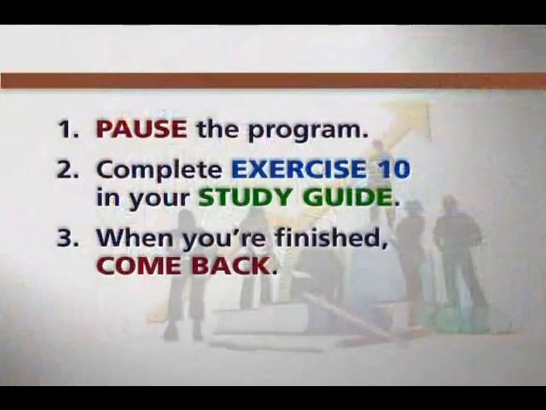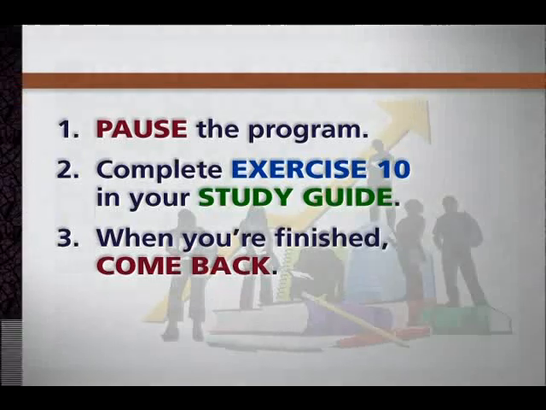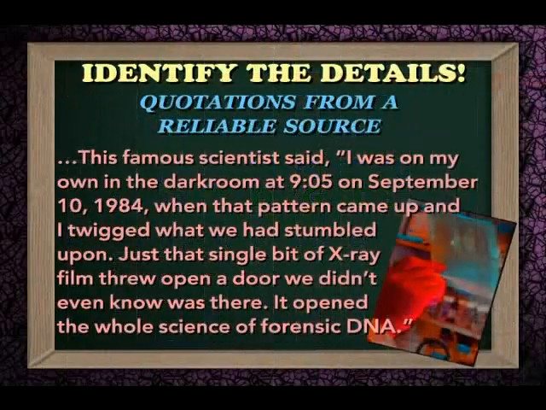So now what I would like you to do is to pause the program and identify the type of details in this paragraph about DNA fingerprinting. Then come back. The details are quotations from a reliable source.